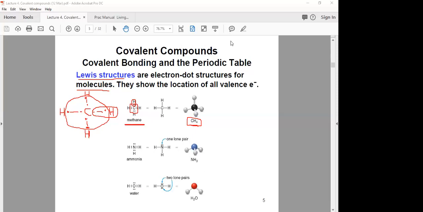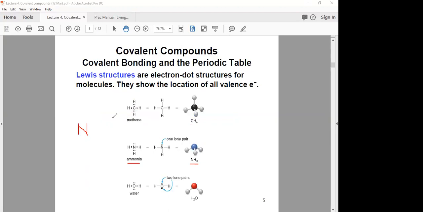Let's try another example of a Lewis structure, and this example is ammonia, which has the formula NH3. So how is that nitrogen and the 3 hydrogens connected to each other? All right, firstly, we need to know how many valence electrons nitrogen has.